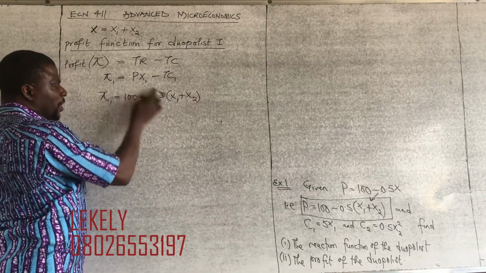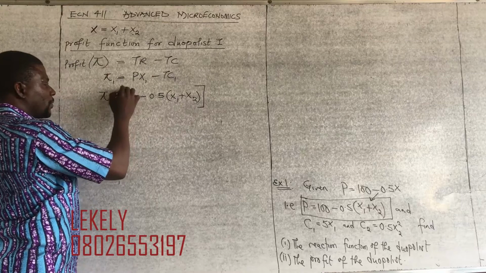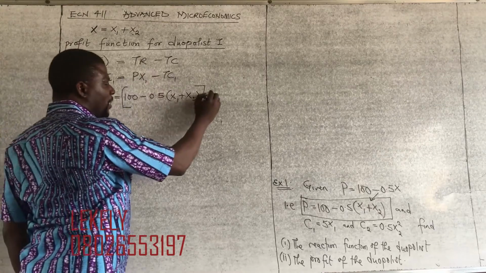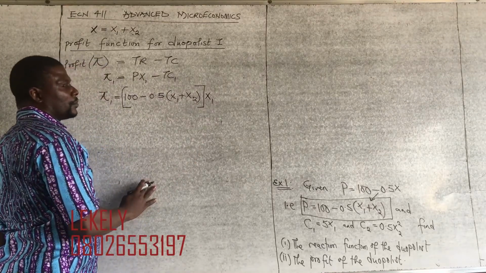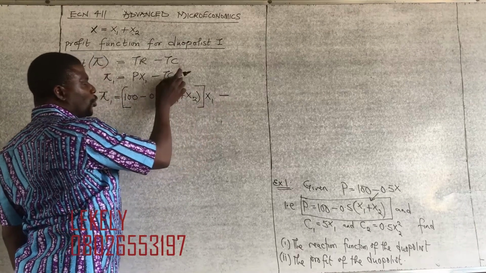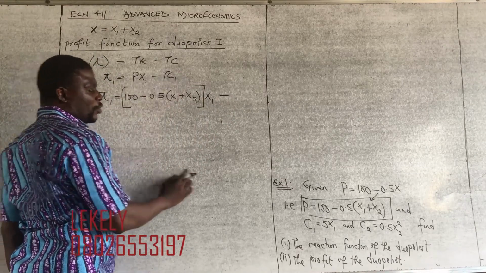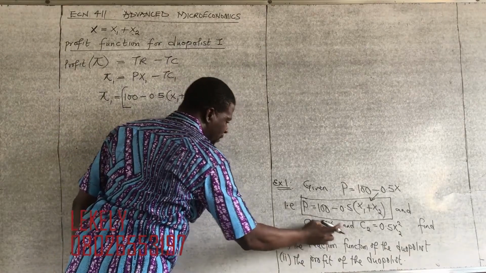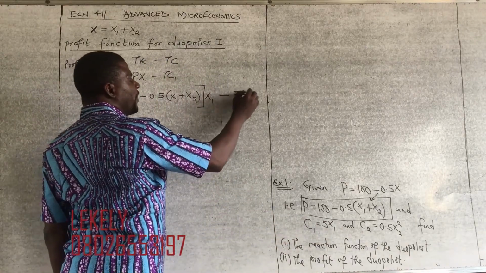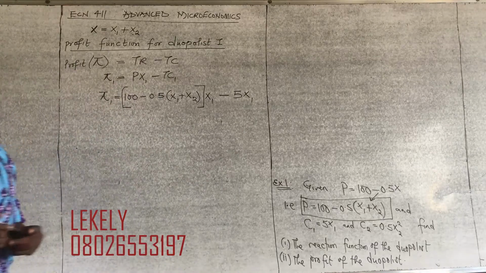This one is representing my P, then this x1, then minus total cost. I'm supposed to put that x1 minus total cost. What's the total cost for the first duopolist? 5x1. Do you see that?